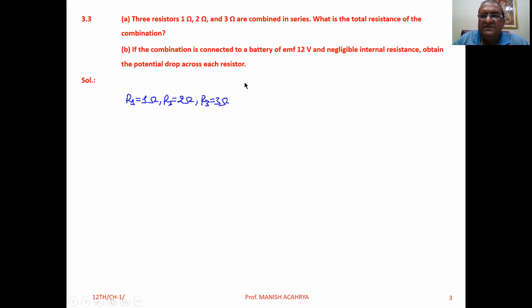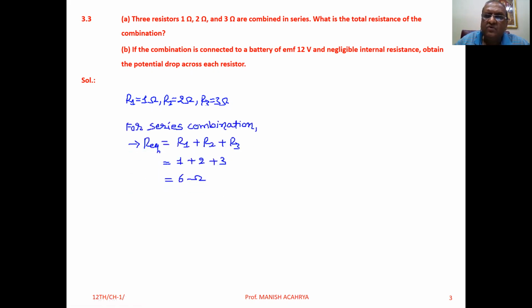Now see, 3 resistors given to you. R1 is 1 ohm, R2 is 2 ohm, R3 is 3 ohm. Now for series combination of 3 resistors, the equivalent resistance is R1 plus R2 plus R3. So that is 1 plus 2 plus 3, that is 6 ohm.